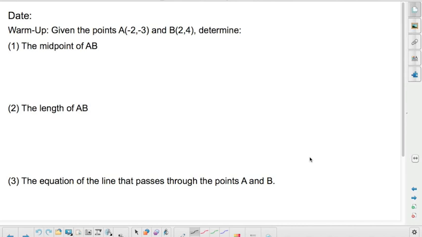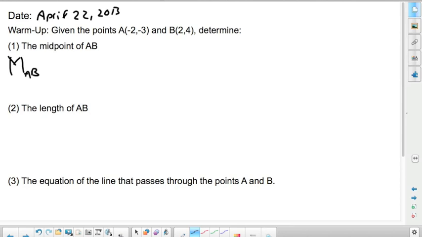So midpoint. We specify it by capital M. So I want you to note this notation. The midpoint, and I'm going to put a subscript of AB, being the midpoint of the segment AB from points A to B, is x1 plus x2 over 2, y1 plus y2 over 2.